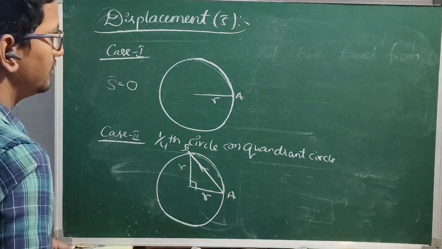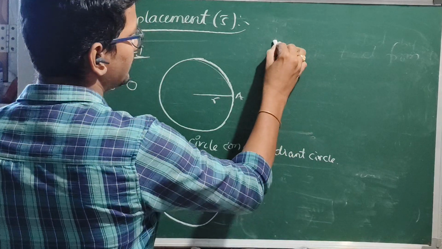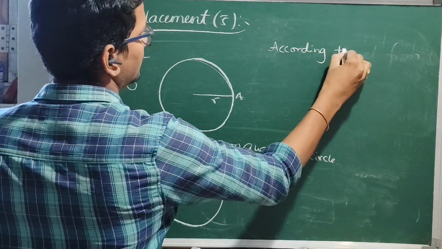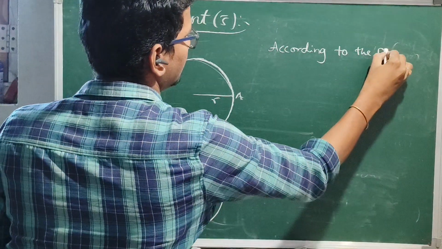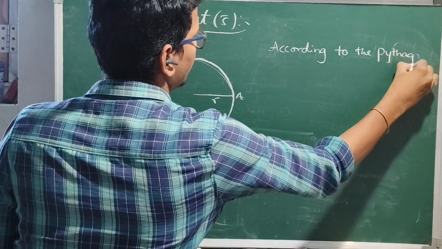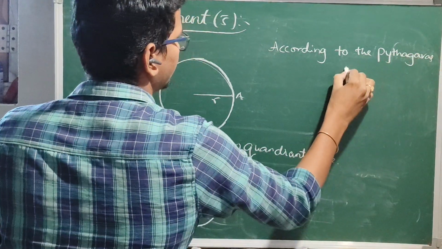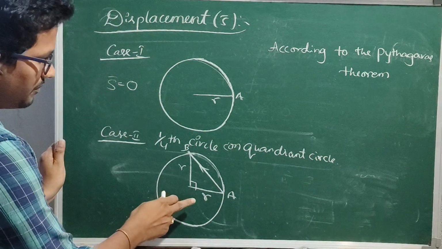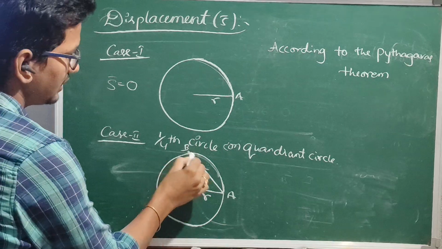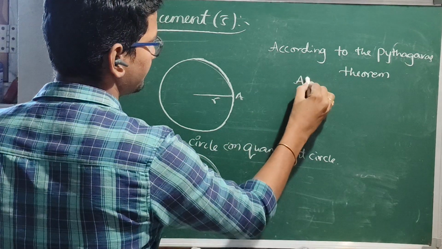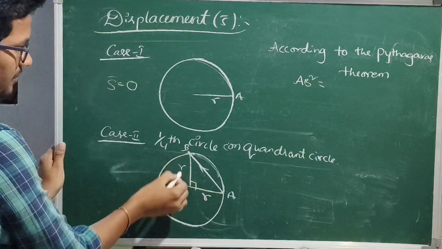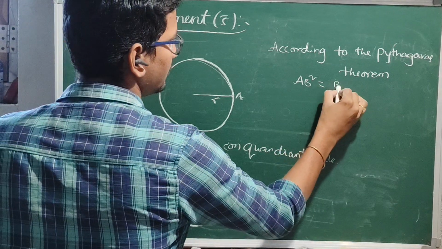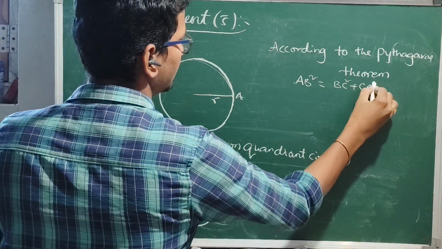So we can use the Pythagoras theorem. According to the Pythagoras theorem, the hypotenuse square is equal to, for example, with C as the third point, AB square equals BC square plus CA square.